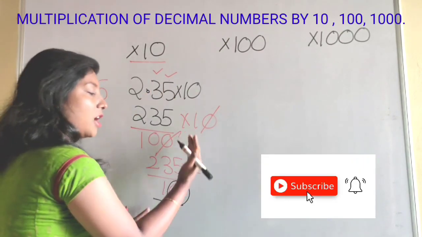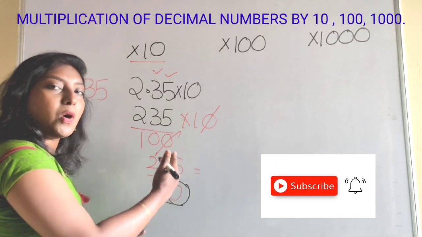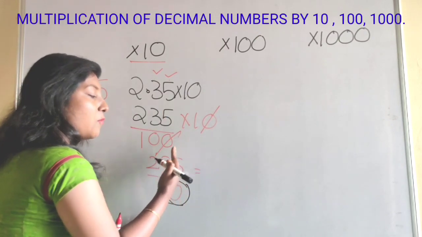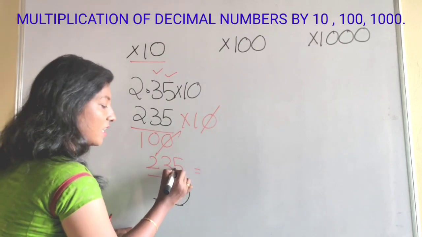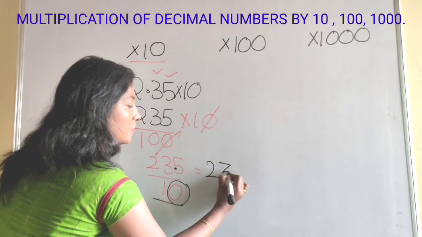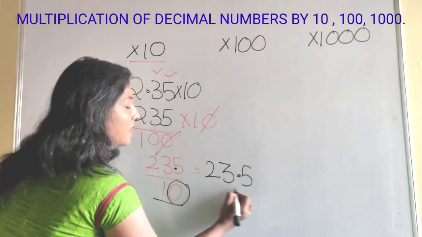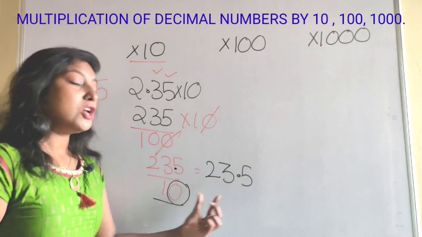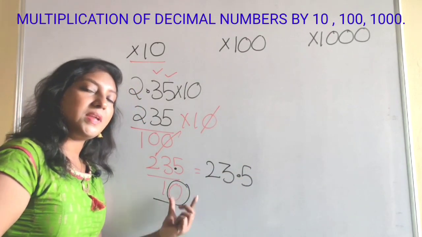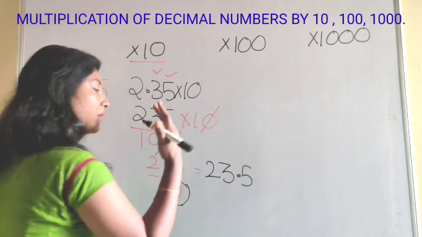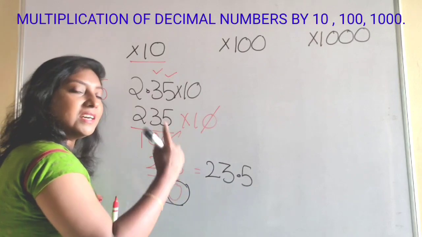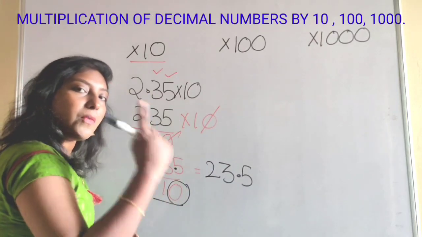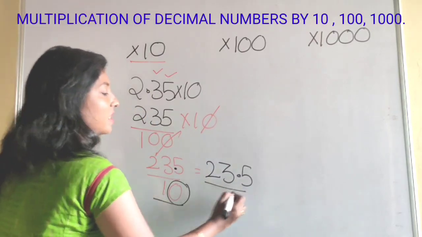So we are going to place the decimal point after one place from the right side. That means 23.5 is our answer. So from the right side, we place a decimal point after one digit. So the answer is 23.5.